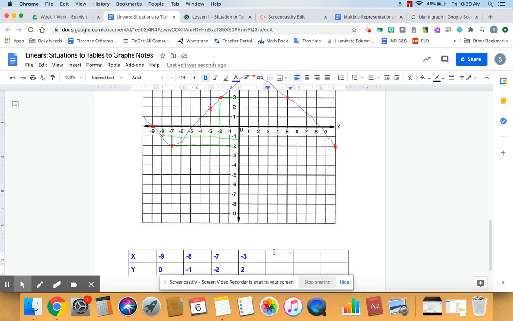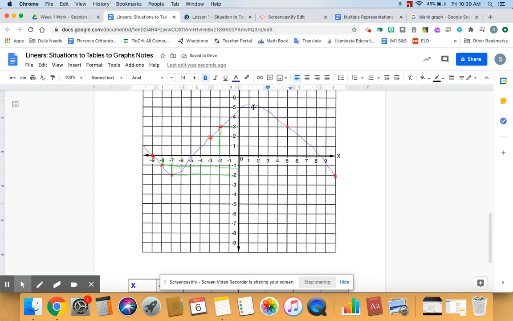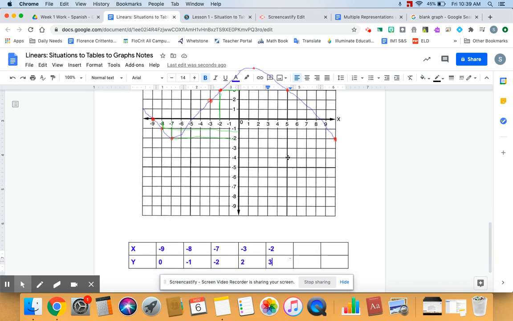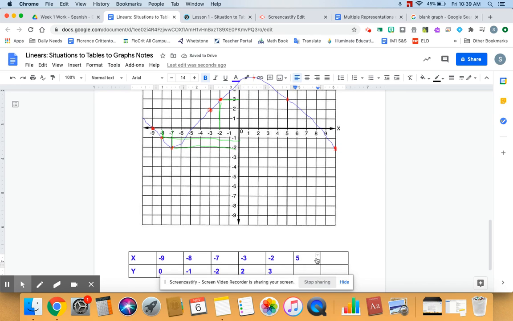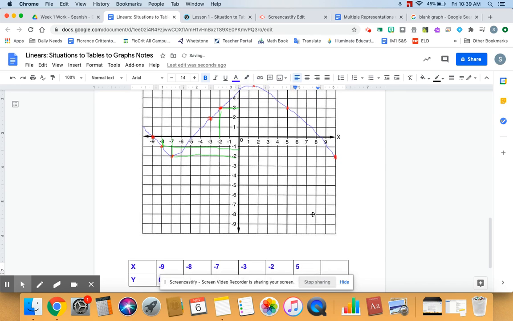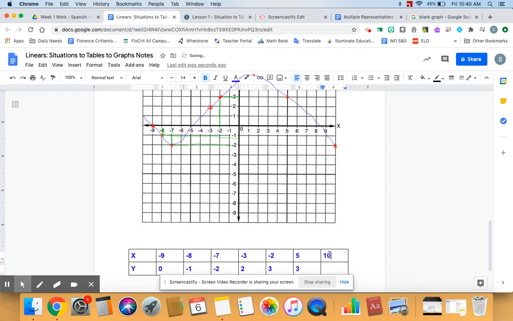It's at -2, and the y is +3. Remember, this point was just the decimal one that we shouldn't do. But for this one, x is 5, and what's the y? The y is 3. And finally, for this point right here, what's the x? After 9 would be 10. And the y is what? We'd be going down 2, so -2.